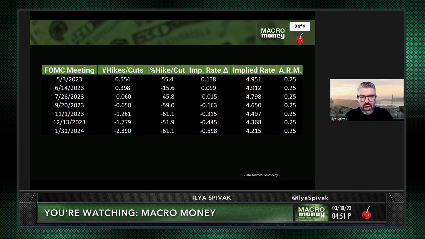You get the majority of a full cut baked in by September and fully baked in by November, with, at that stage, a 26% chance of a 50 basis point easing cycle. You then get into a place by December where that cut is all the way in, and there's an almost 80% chance of a 50 basis point cut.